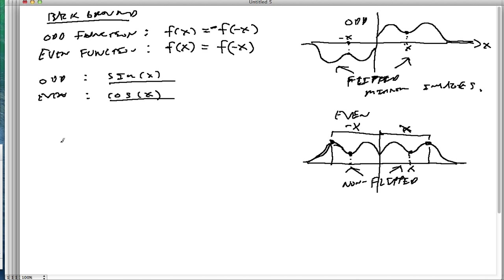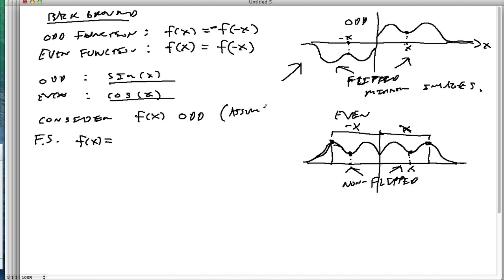So let's now consider an f of x function like this that is odd. And now what I want to compute is the Fourier series, and I'll assume that it's piecewise smooth.